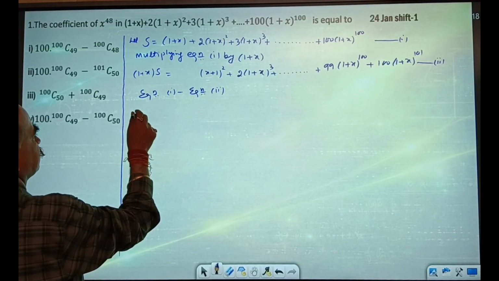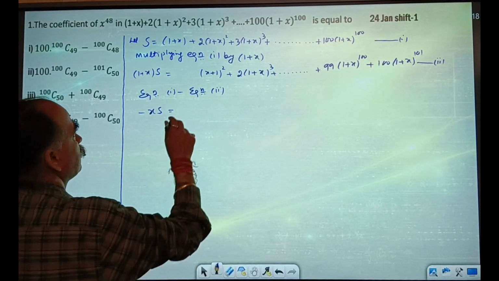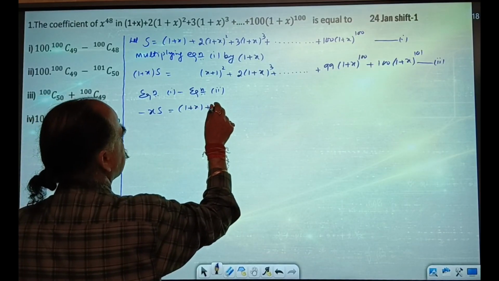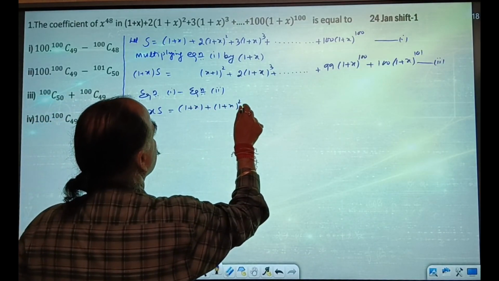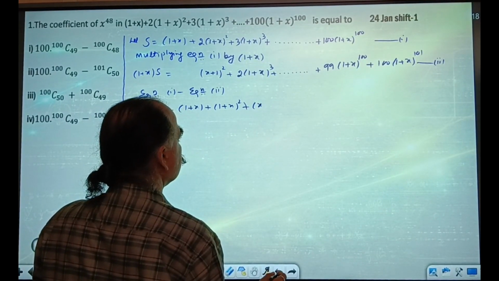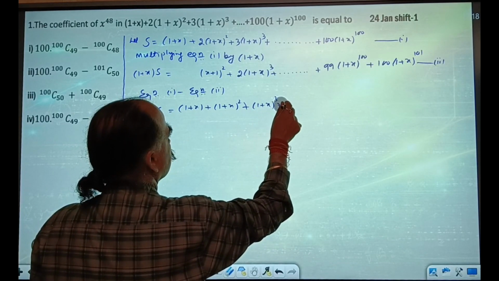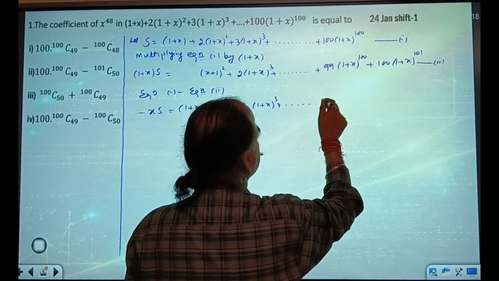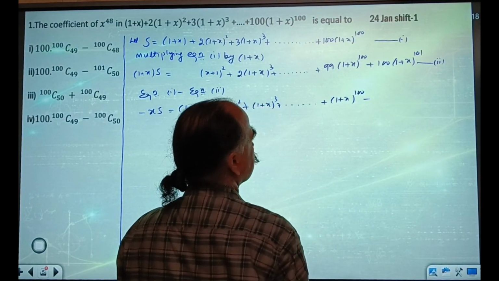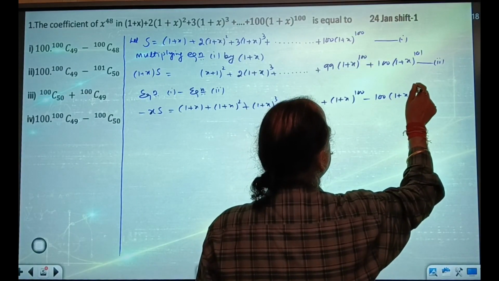So minus xS is equal to 1 plus x plus 1 plus x square plus 1 plus x cube plus ... plus 1 plus x raised to 100 minus 100 into 1 plus x raised to 101.